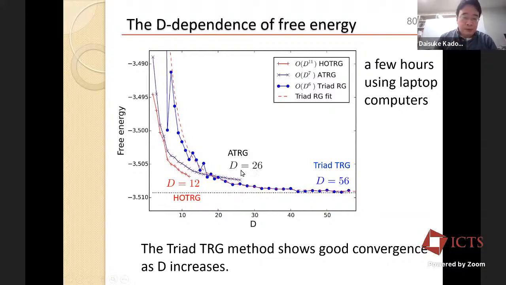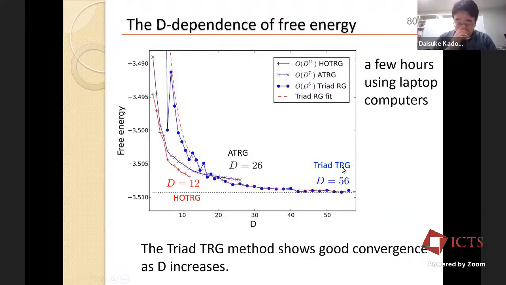And also the extrapolated values obtained from HOTRG results and ATRG results are consistent with the extrapolated values obtained from triad TRG.